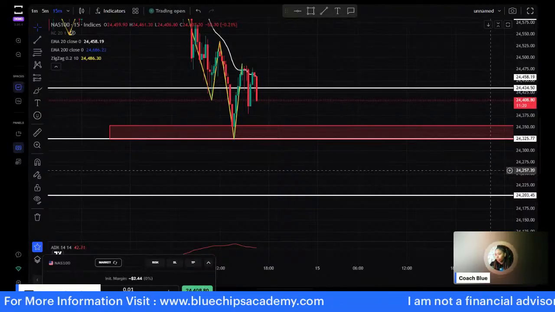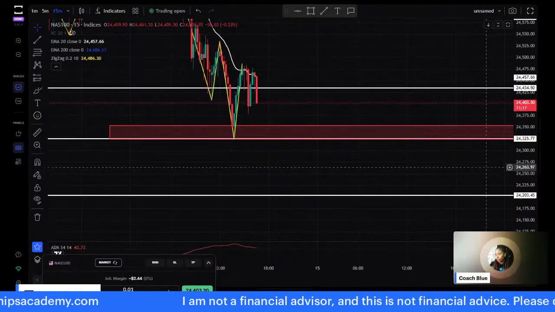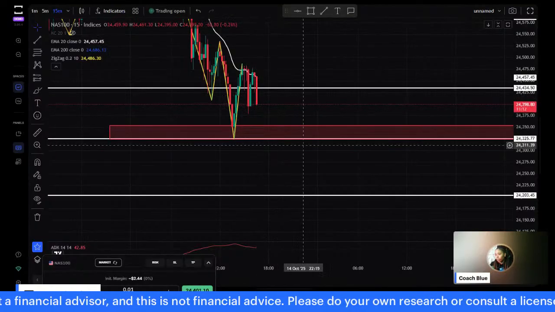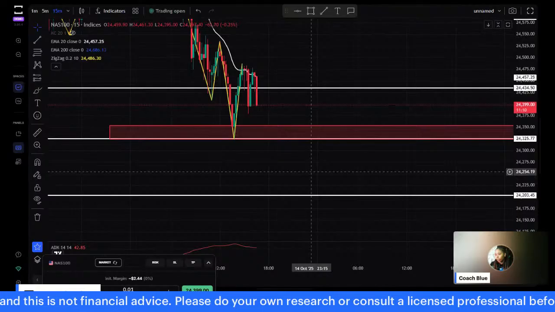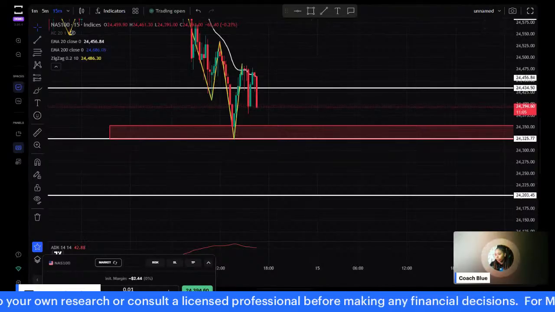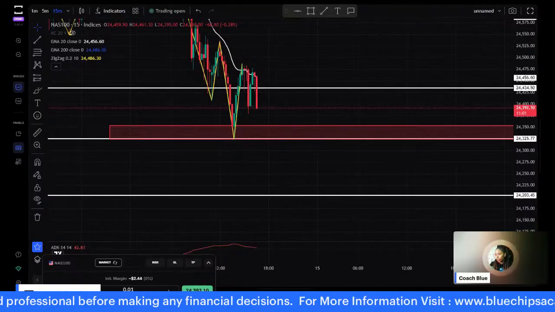Let's see how this thing really closes though, because it can start off strong and then get here and then wick all the way back. So we just have to be patient. Patience pays.